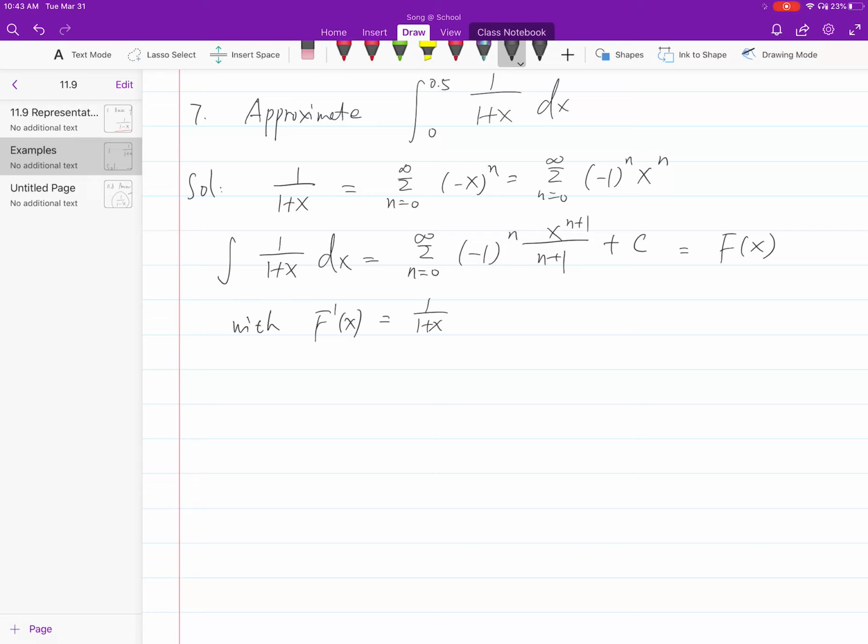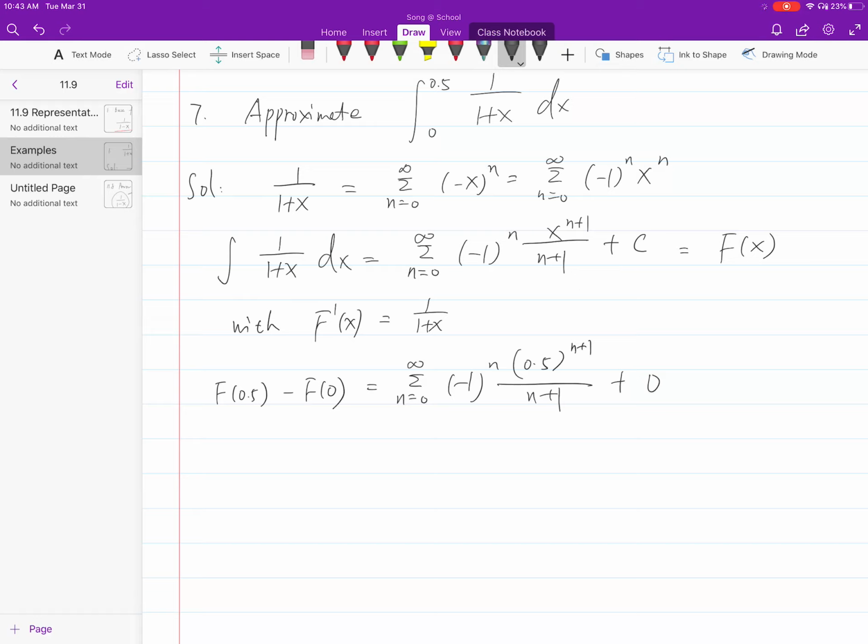We have a plus c. Now in order to evaluate this, usually what we do is we find the antiderivative first, and then we plug in 0.5. We plug in 0. Good so far? Then it's nothing but this. If you plug in 0 into this formula, you just get 0.